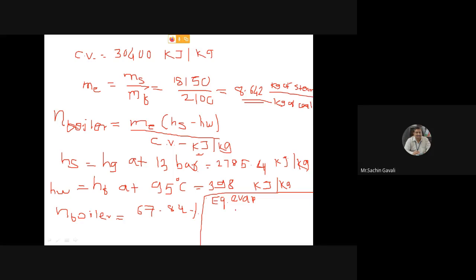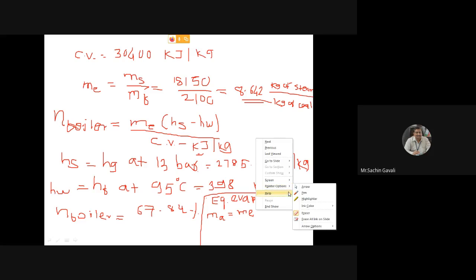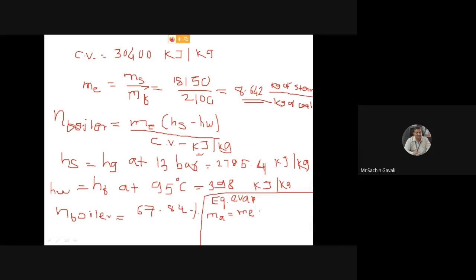What is the value of equivalent evaporation? ME is equal to MS into (HS minus HW) divided by 2257.